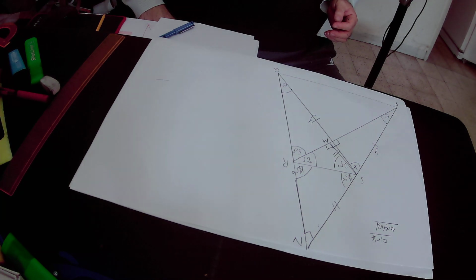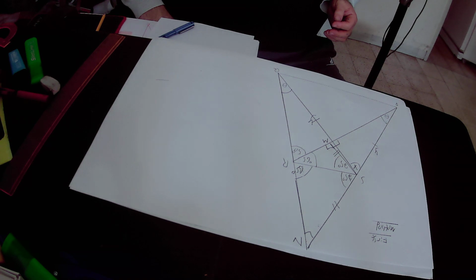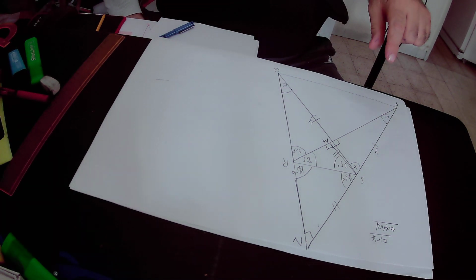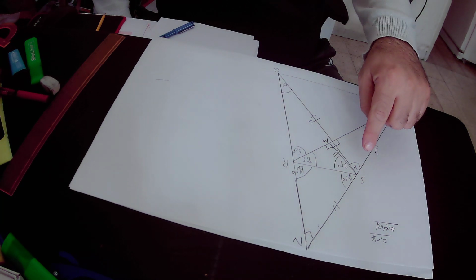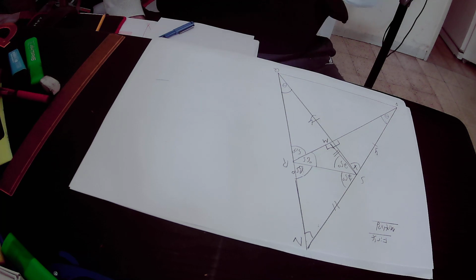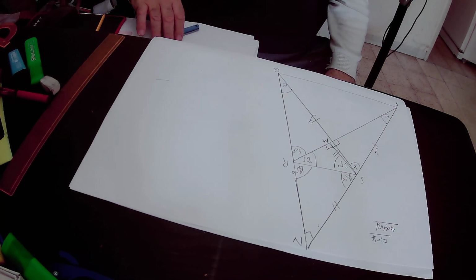So we can put those 4 points, that is to say S, R, Q, and P, on a circle. We will do it now.